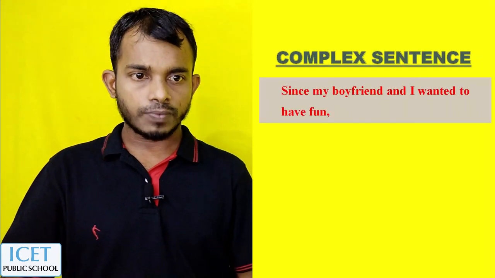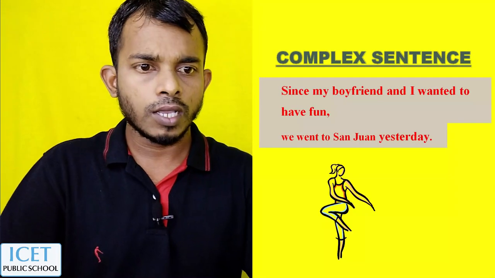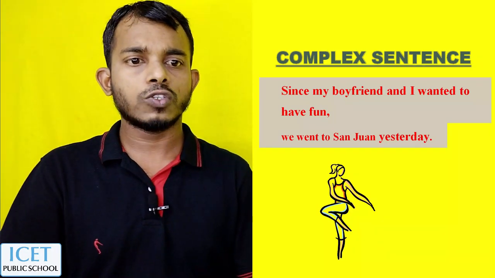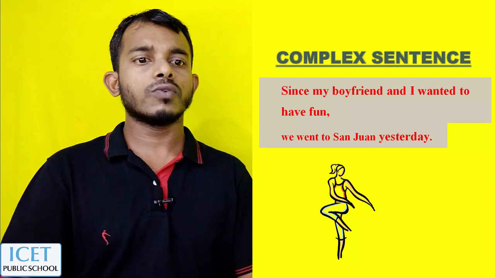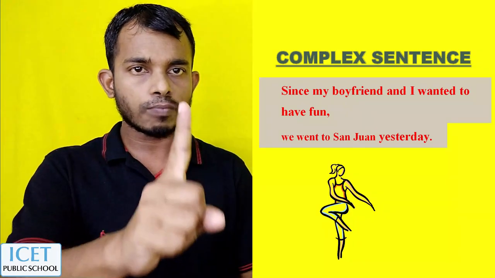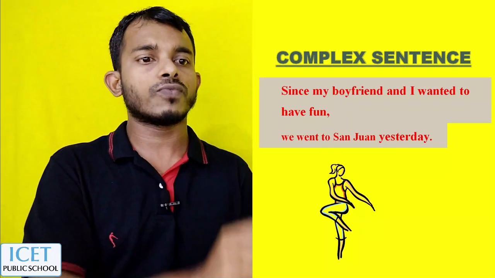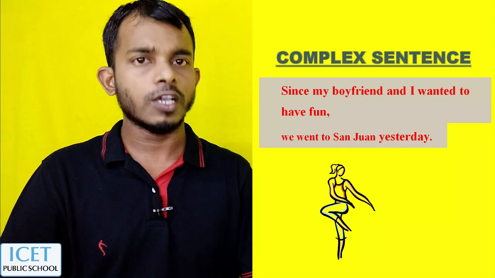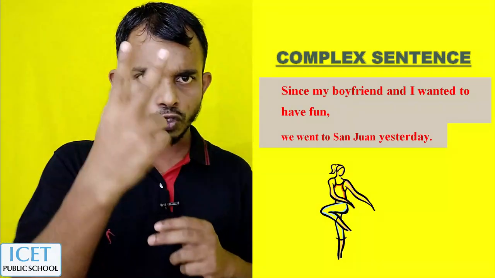Complex sentence example: Since my boyfriend and I wanted to have fun, we went to San Juan yesterday. This is an example of a complex sentence. What was our condition? There will be two clauses.